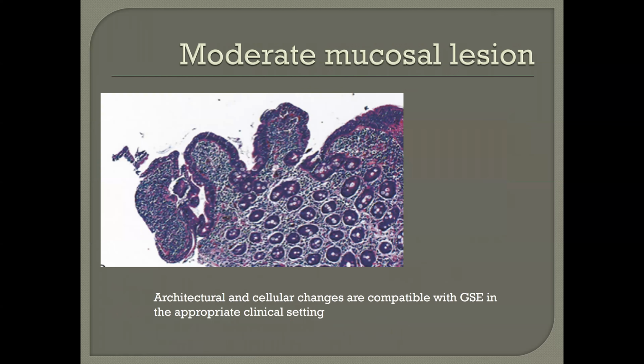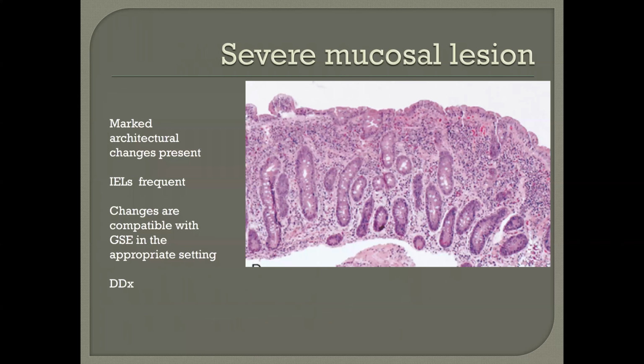Moderate mucosal lesions, a little bit more blunting, more cellularity, more lymphocytes, expansion of the basal material, and then finally, the most severe type lesion, total atrophy of the villi, flat surface, and still have epithelial damage and increased intraepithelial cells. But this, of course, can have a differential with other considerations, which we've touched on earlier.